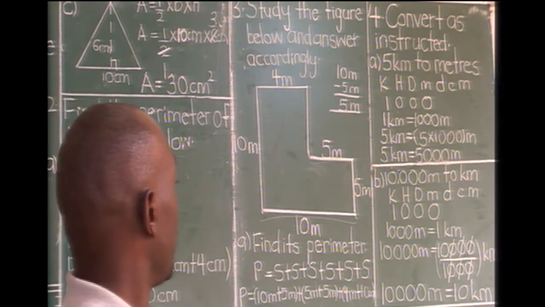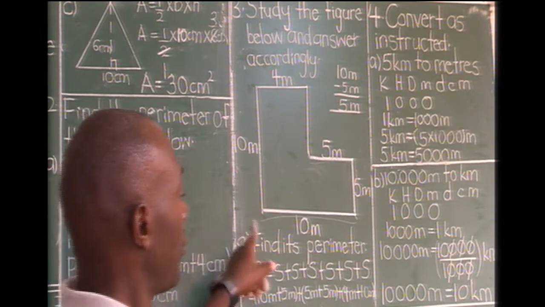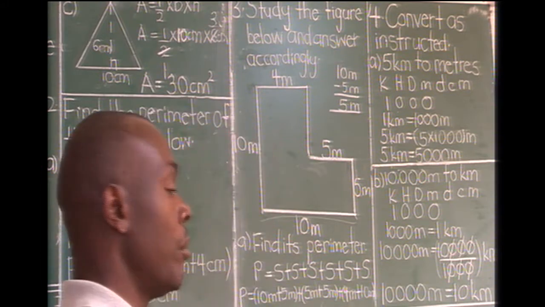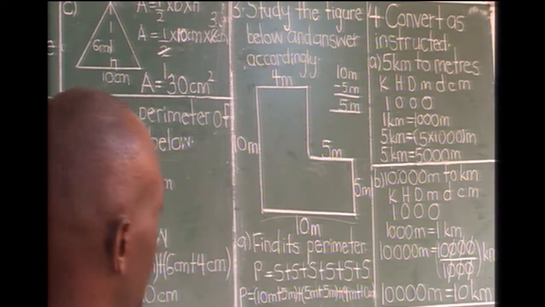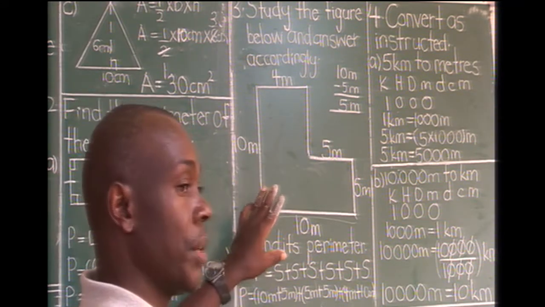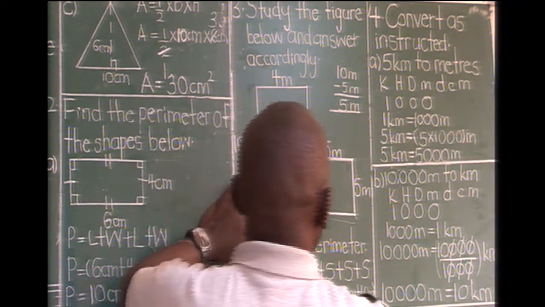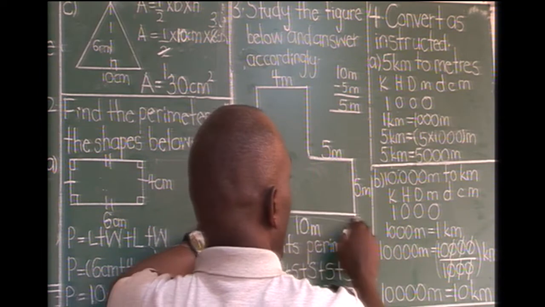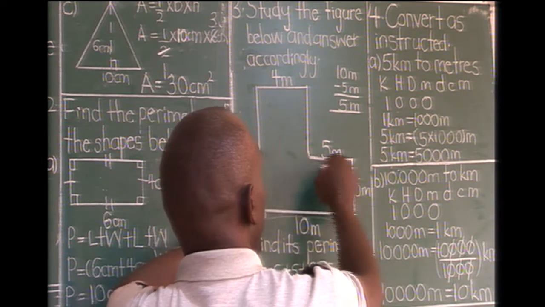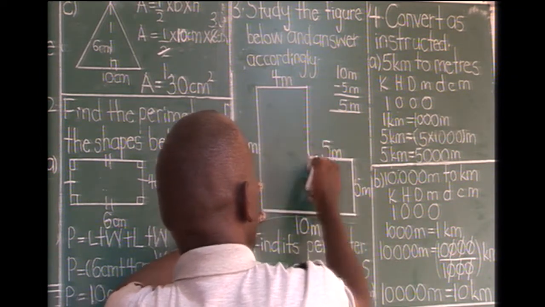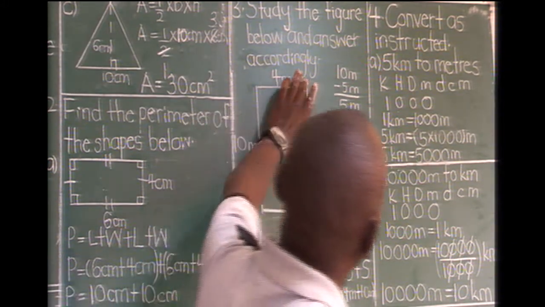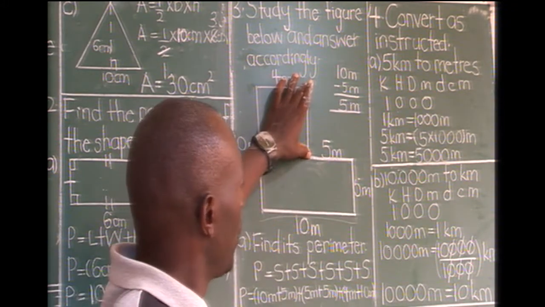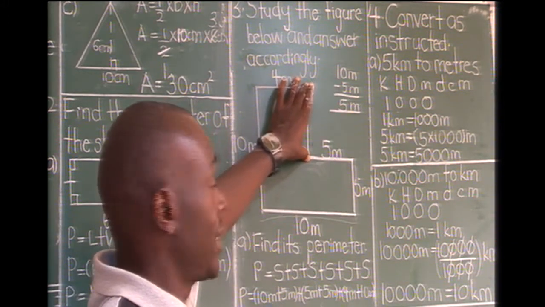Now, question A reads, find its perimeter, meaning move around it through addition. Add around this shape. I chose to start from where 10 is. This is 10 plus 5 plus 5. Unfortunately, the examiner did not bring us the length of this side.